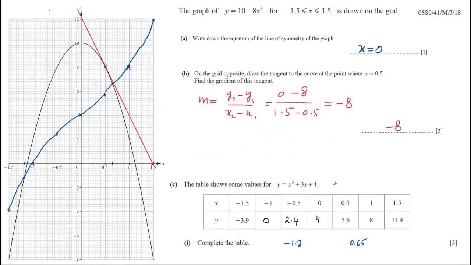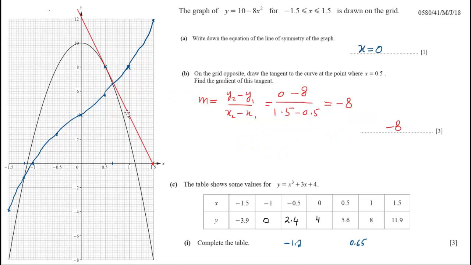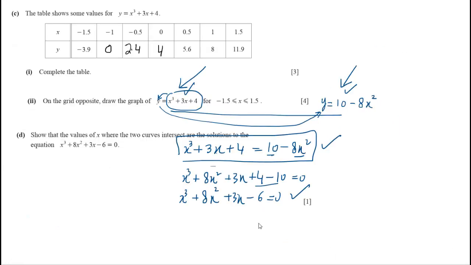So it means that these two are also the solution of this equation. And when we manipulate this, after a little bit of rearrangement, this equation has converted into this shape.